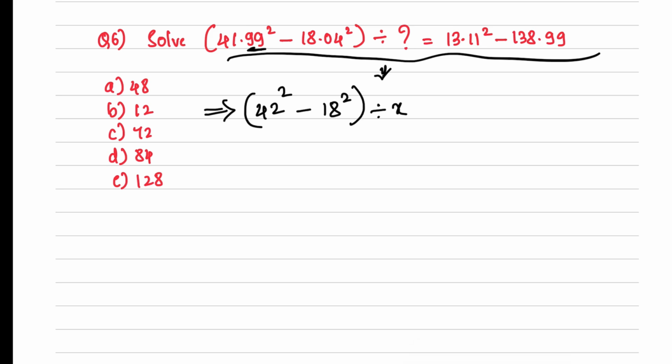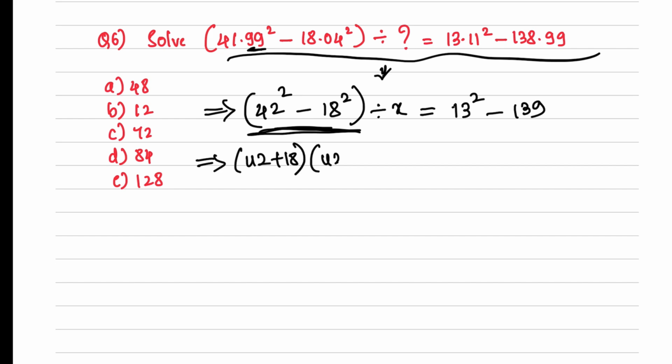Divided by, we can keep it x equal to 13.11 whole square, you can write it as 13 square minus 138.99, it will be 139. So you can see this, it is a square minus b square, which will be a plus b, a minus b. So 42 plus 18, 42 minus 18 by x equal to 13 whole square means 169 minus 139.